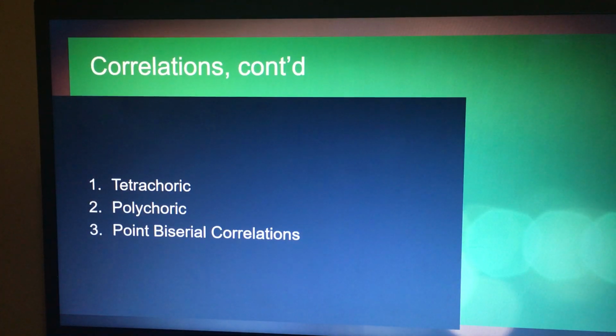So as you're reading psychological research, Pearson's R is by far the most common correlation coefficient that you're going to come across, followed by Spearman's rho.